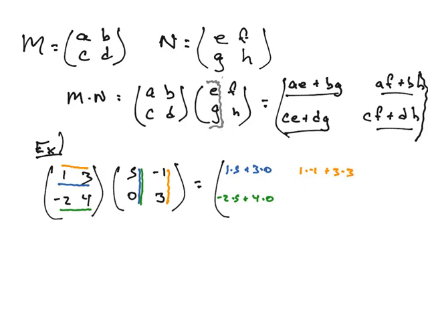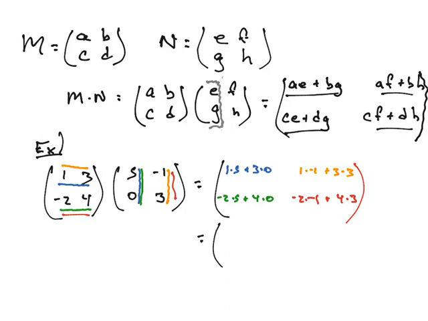And then in red, we did the top row, so now we go to the bottom row, and we're still on this right side column. What do we get? Negative 2 times negative 1, plus 4 times 3. Okay. And now we're done.